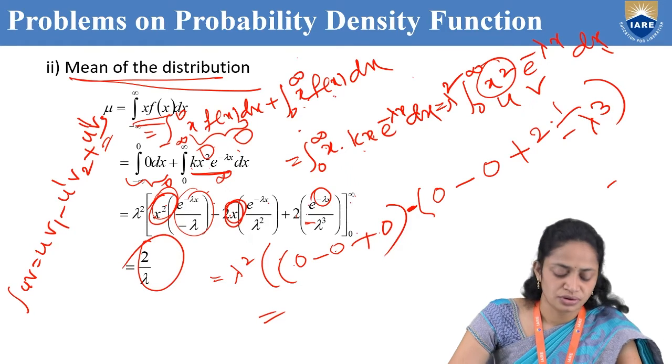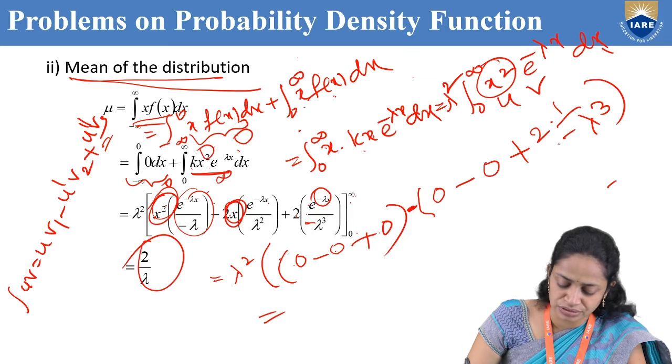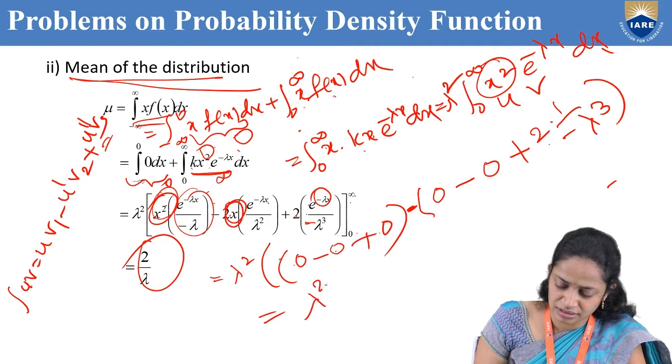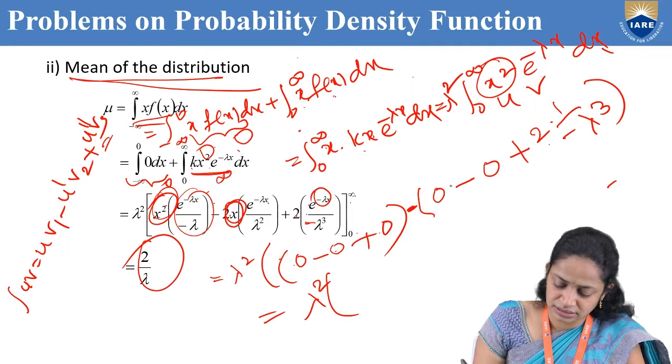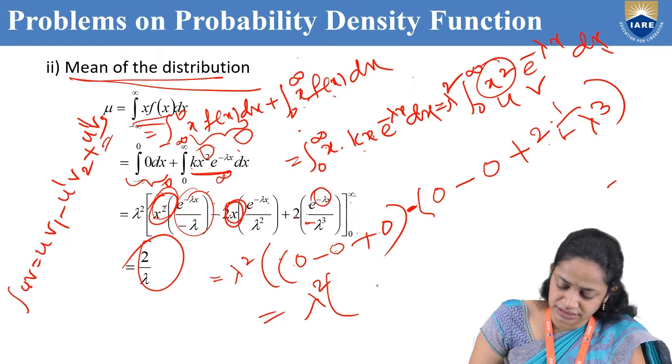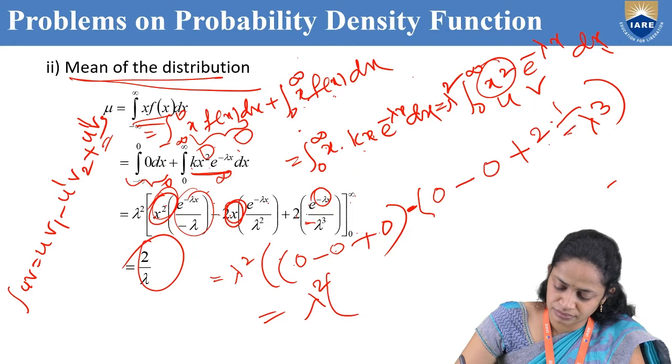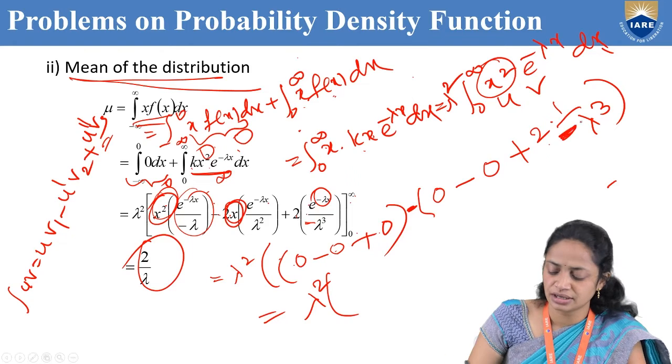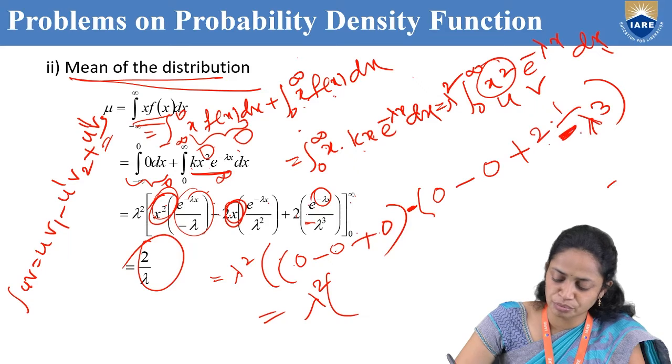If I substitute all these values and simplify, we get lambda square into minus, then minus into minus is plus, plus into minus is minus. This is minus, so lambda cube is there.